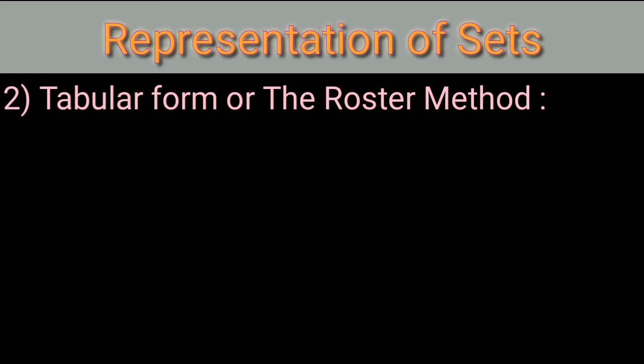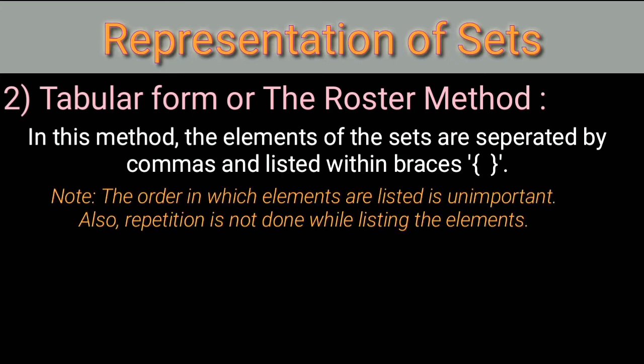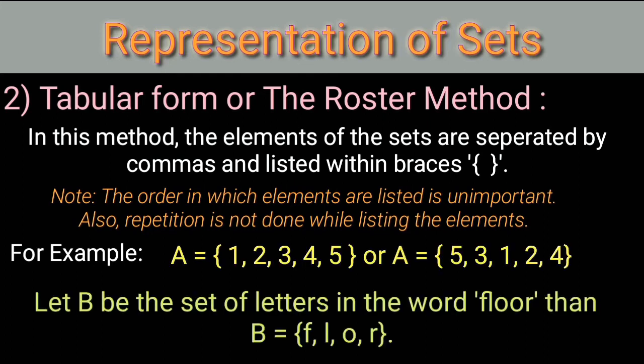Tabular form or the roster method. In this method, the elements of the set are separated by commas and listed within braces. The order in which the elements are listed is unimportant, and repetition is not done while listing the elements. For example, A is the set of the first 5 numbers, so we can rearrange the order, that is, write 5, 3, 1, 2, 4 instead of 1, 2, 3, 4, 5.